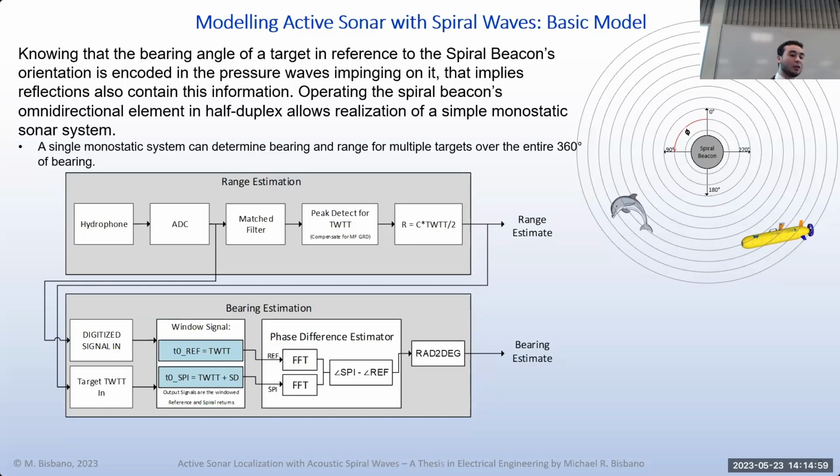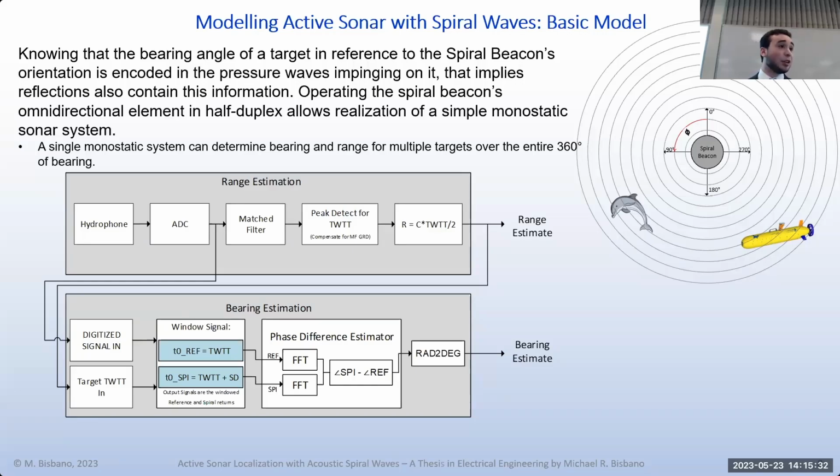And that peak phase, which we take, directly encodes the bearing of the target just from 2 FFTs, the match filtering to get when the range came. And there we are, we have the phase difference. Radians to degrees to report it in degrees for your sonar operator, because people don't have as intuitive a grasp of radians. And there we are, we have our range and bearing estimate, and that works great for stationary targets.